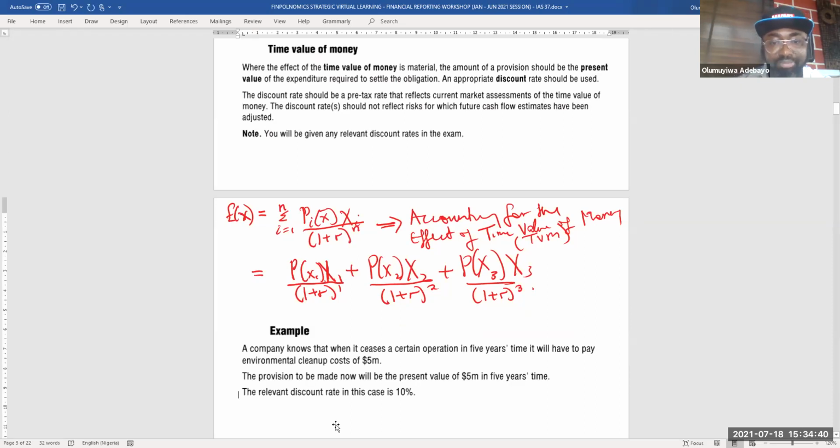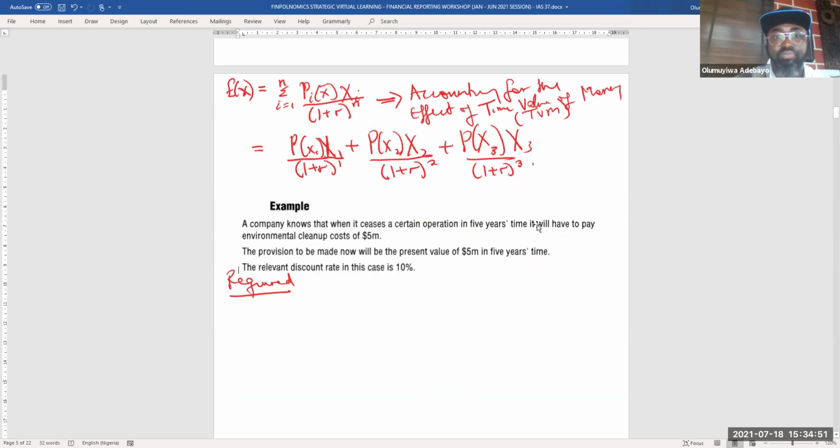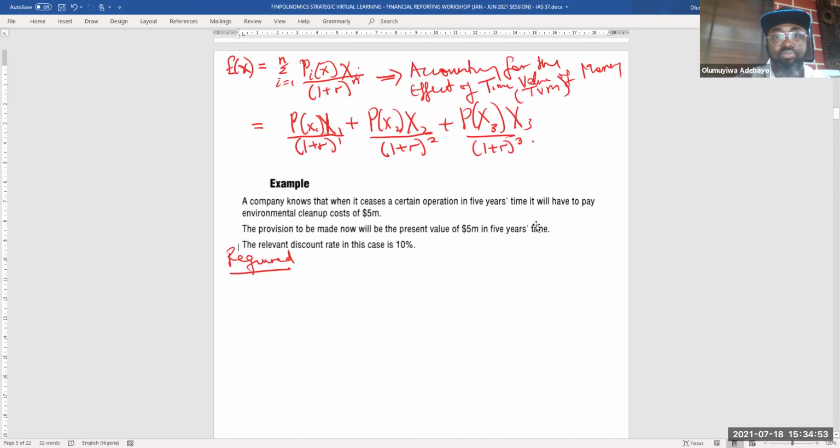Now we'll look at this example and we'll look for the following. A, the present value as at year 0, which is now.